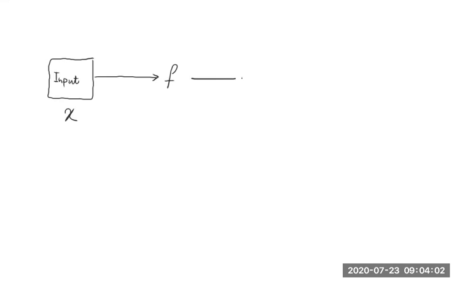And then we get an output, which we showed with y. In previous examples, x was just a number, so it was something in R, the set of real numbers. It contains all rational and irrational numbers. And the output was also something in R.